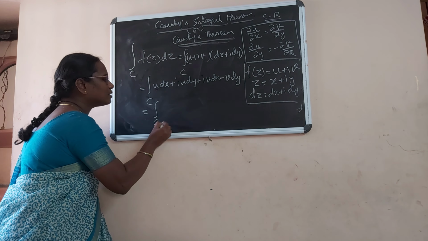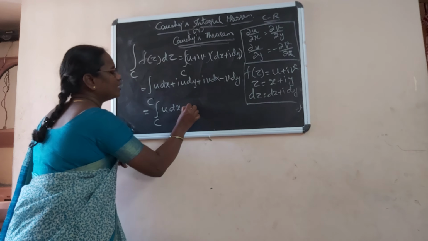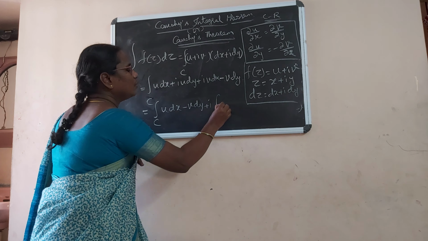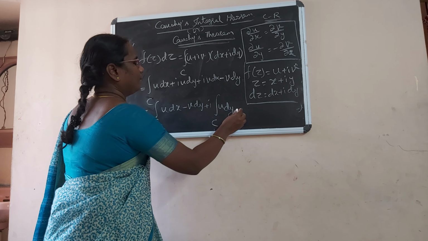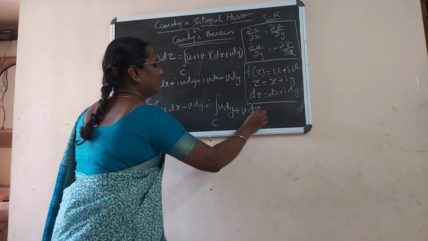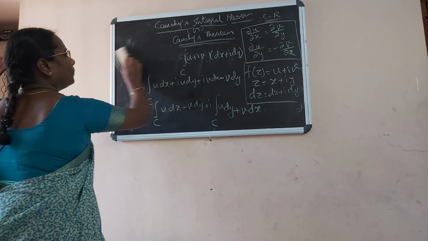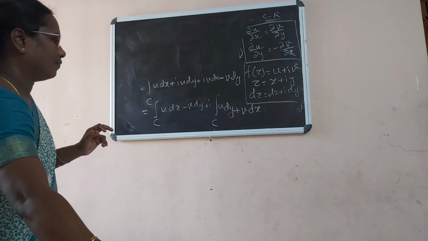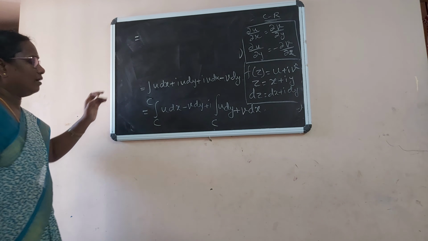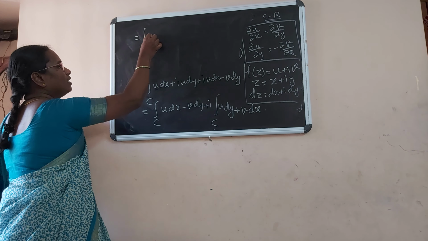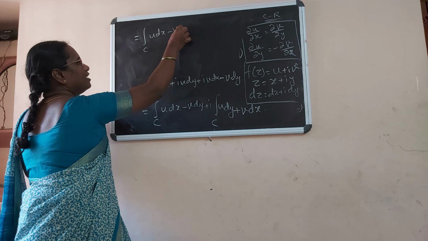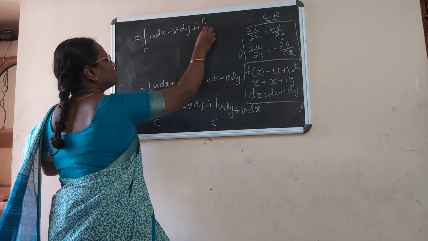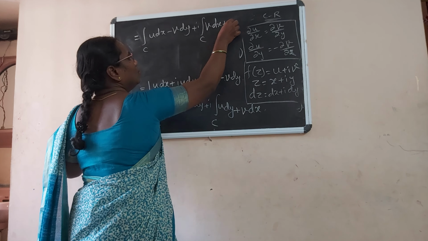So we get the integral over C of u dx minus v dy plus i times the integral over C of v dx plus u dy.